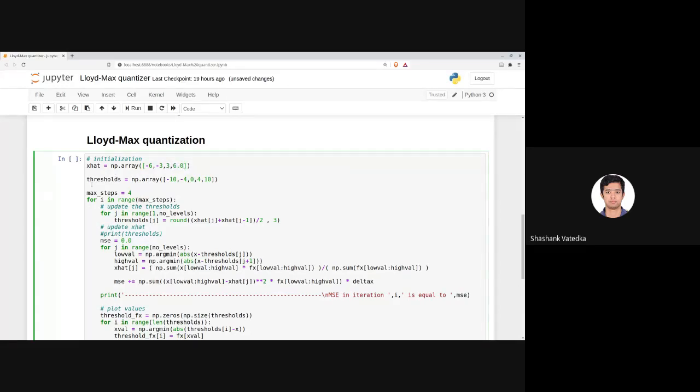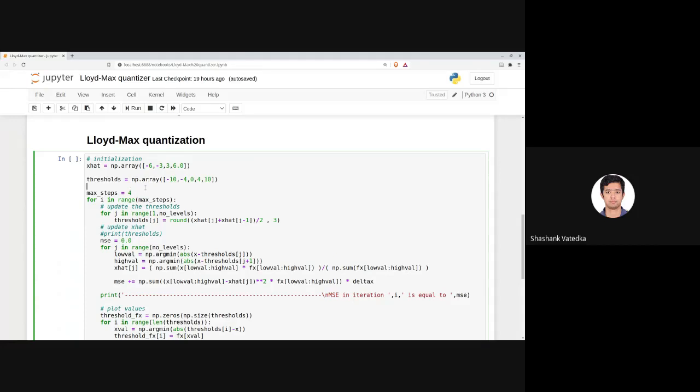My thresholds are going to be: alpha 0, which instead of -infinity I'm just taking to be -10. Alpha 1 is -4, which has to lie between -6 and -3. Then I have 0, which lies between -3 and 3, and 4, which lies between 3 and 6, and 10, which is the equivalent of +infinity. All right, so these are going to be my thresholds.